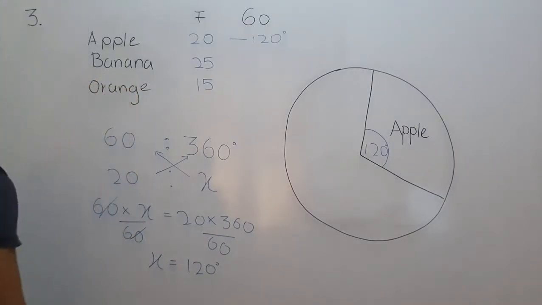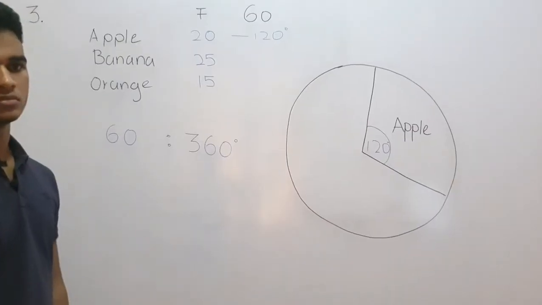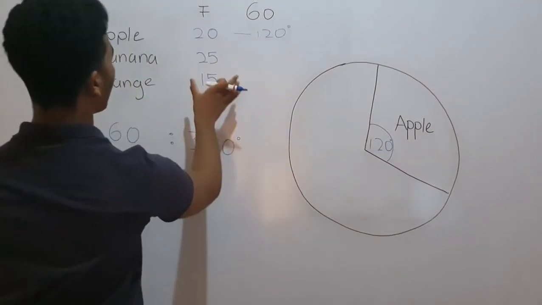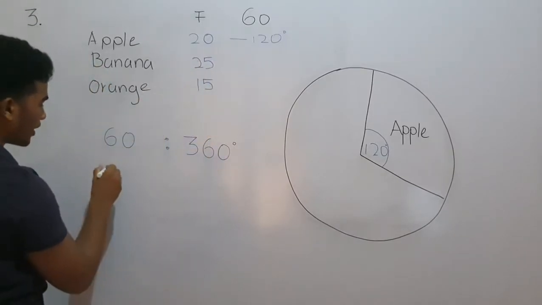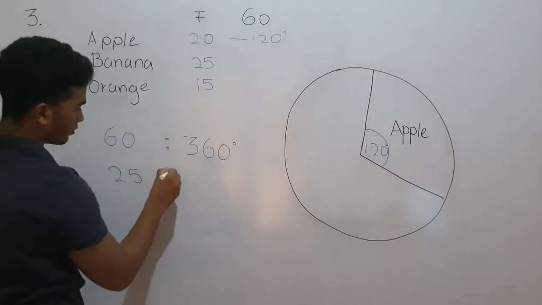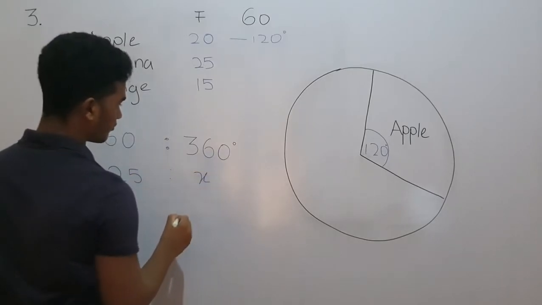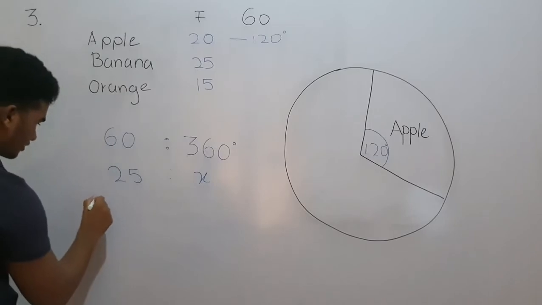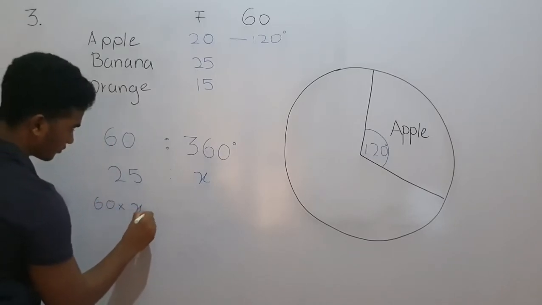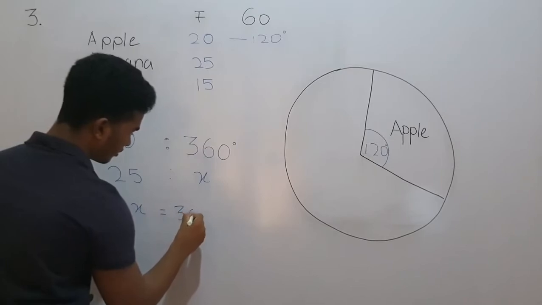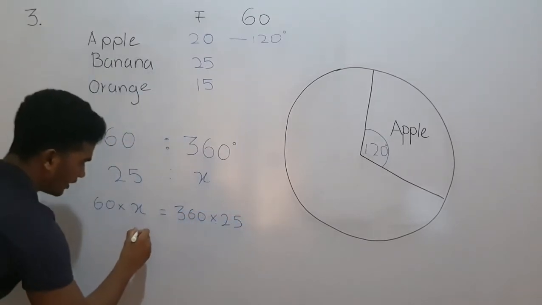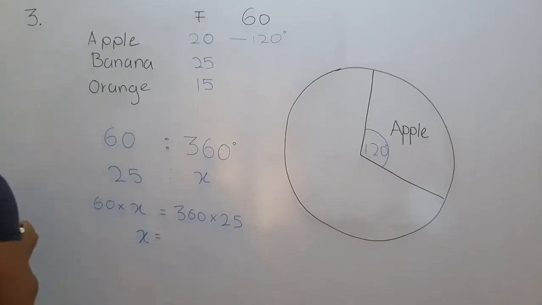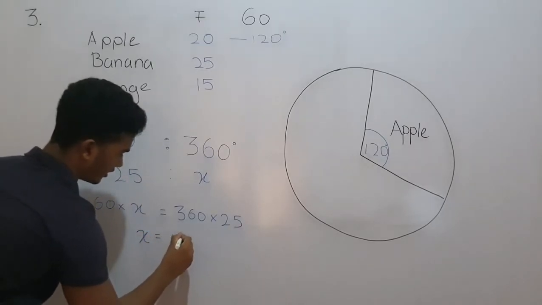Similarly, we'll find the angle for bananas. So 60 is 360. For 25 bananas, we'll take it as x again and cross multiply. 60 into x equals 360 into 25. So divide both sides by 60 and you get x as 150 degrees.